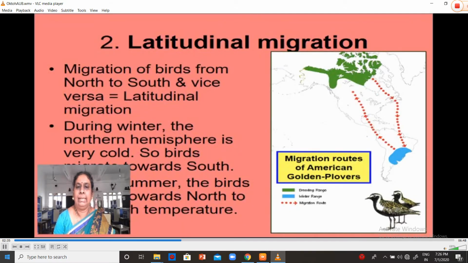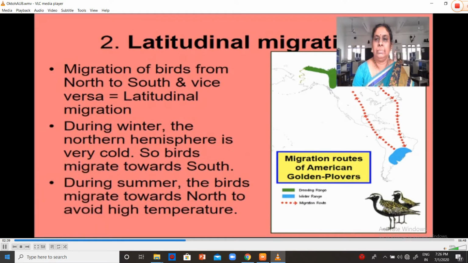The second one is latitudinal migration. Here the birds migrate from north to south or from south to north, towards the latitudinal area, hence it is called latitudinal migration. This type of migration occurs during the summer and winter seasons.